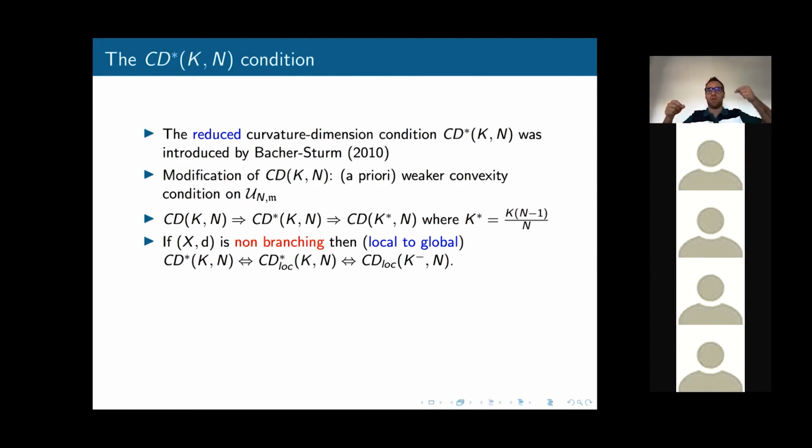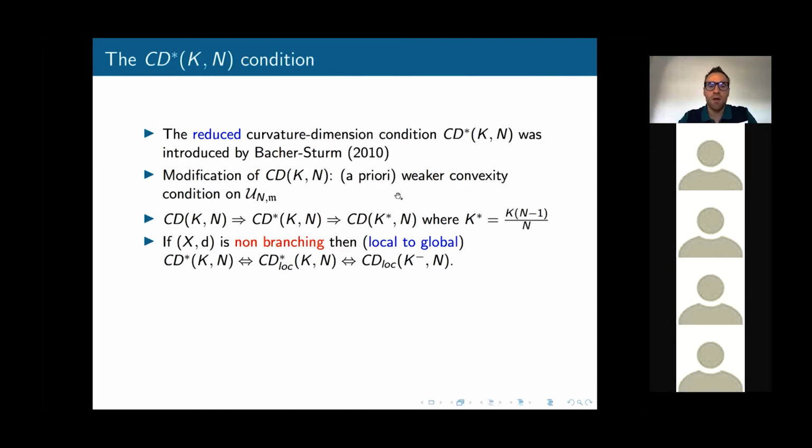You take mu0 and mu1, which can be very distant, and you ask about the existence of a geodesic connecting the two along which the entropy is convex. Now, knowing that small neighborhoods admit convex geodesics for measures supported in a small neighborhood is not helping you so much a priori. And here is the difficulty in showing the local to global property.